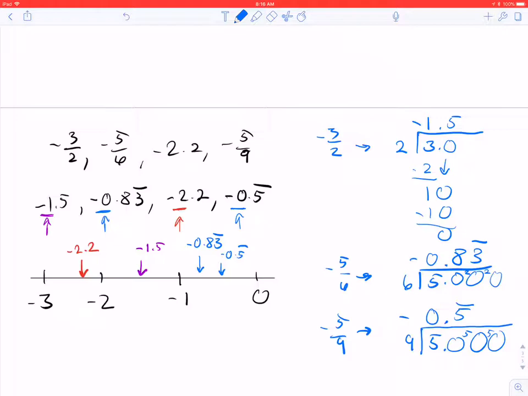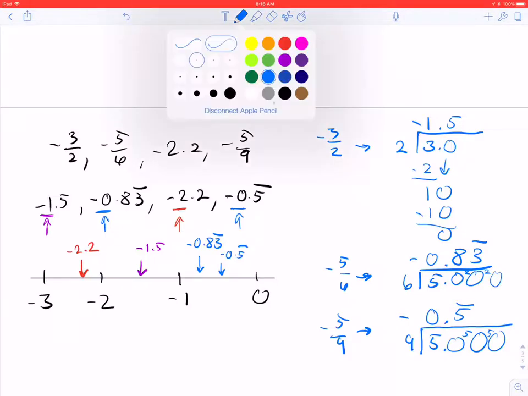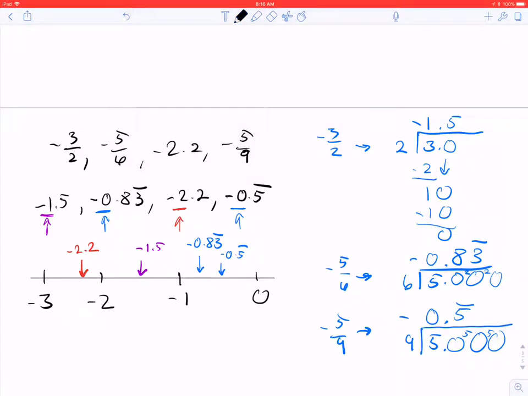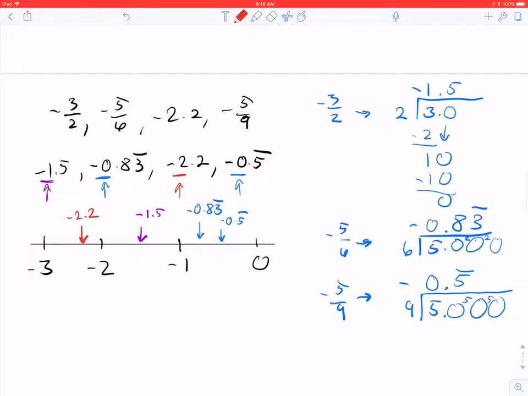The smallest is on the far left, the largest is to the right. So then the order that we need to do looks like, just to be consistent, I'll keep the colors, negative 2.2, right? Then the purple, which is the negative 3/2.